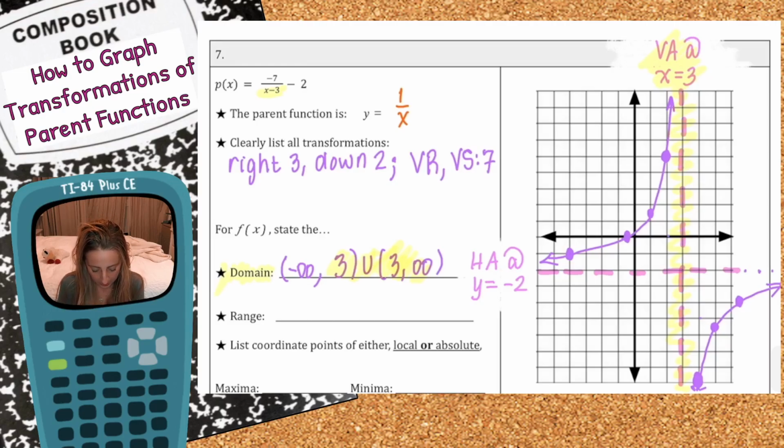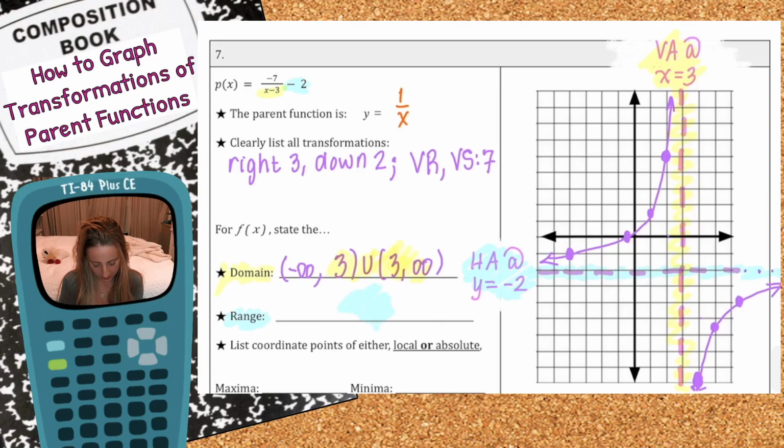And then our range is getting impacted by the horizontal asymptote. Really, in this case, it's that, but you'll see later if it's in a different form, it's going to look a bit different. But right now, it's heavily impacted by that. If it was the volcano, 1 over x squared, it's a little bit different.